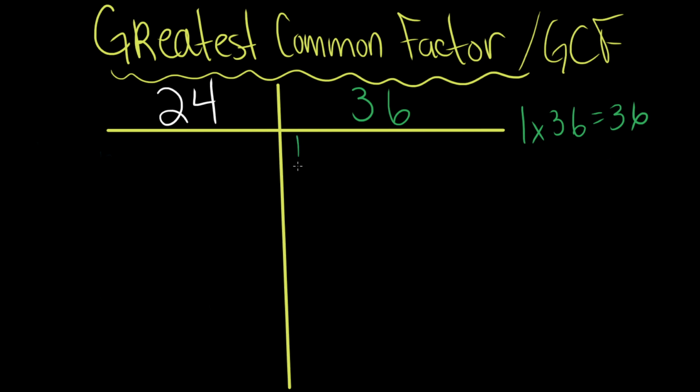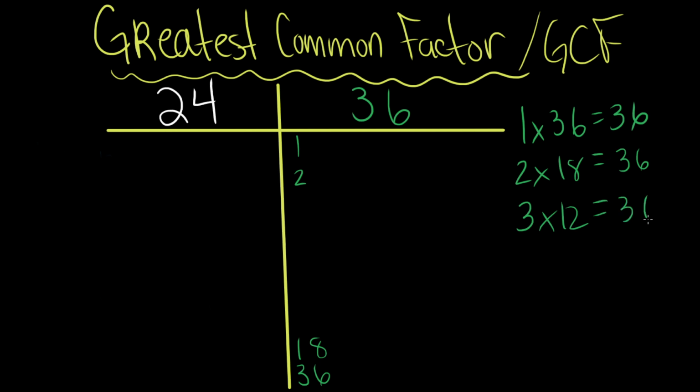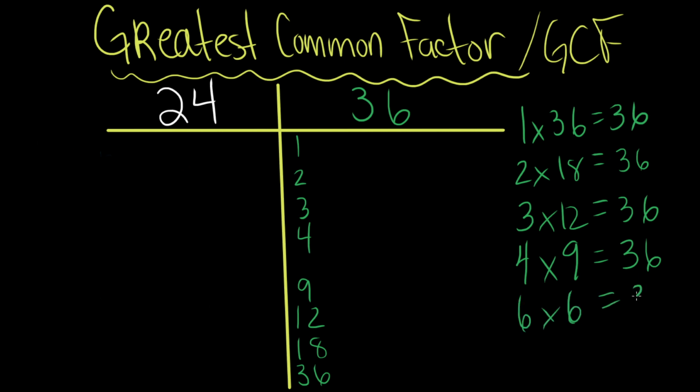So 1, 36. We have 2 times 18 is 36. So 2, 18. We have 3 times 12 is 36. So 3 and 12. We have 4 times 9 is 36. So we know 4 and 9. And we also have 6 times 6 is 36.